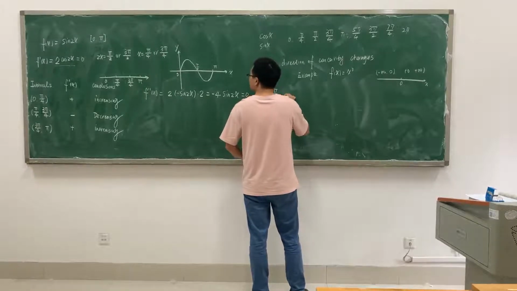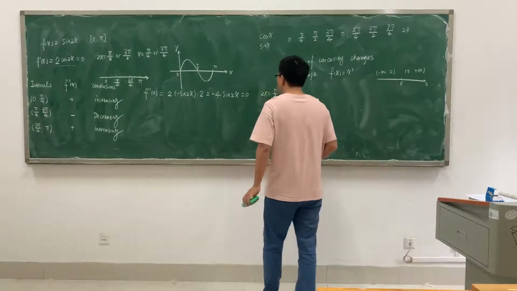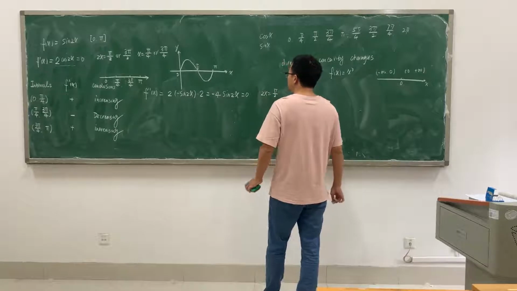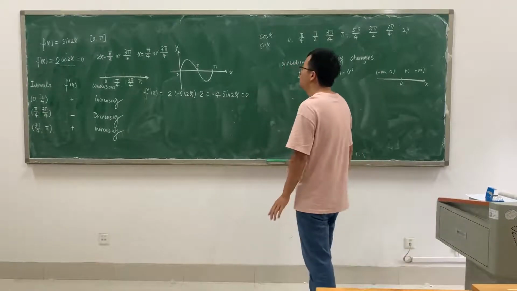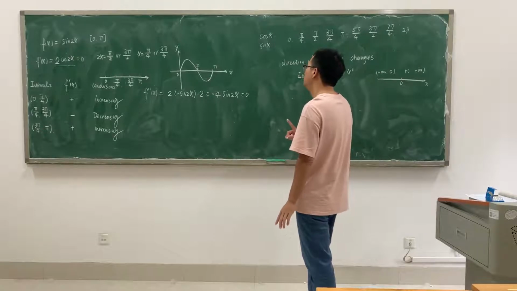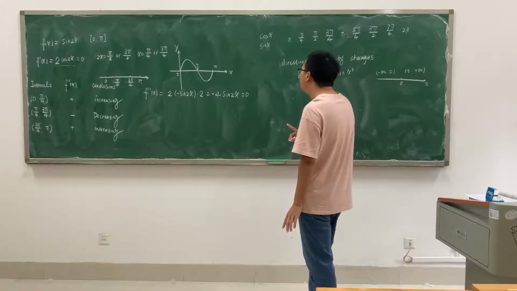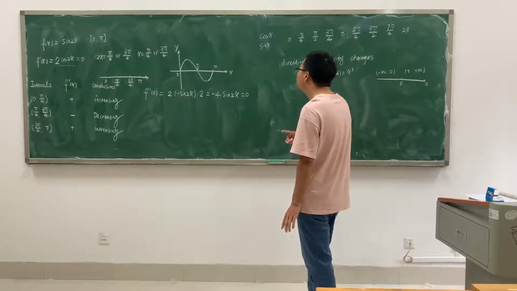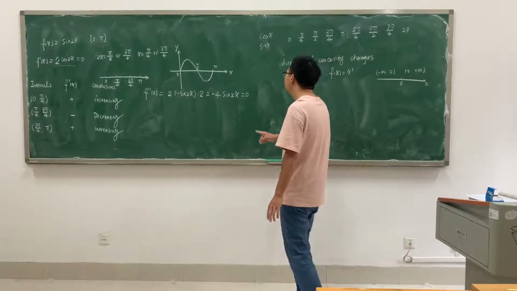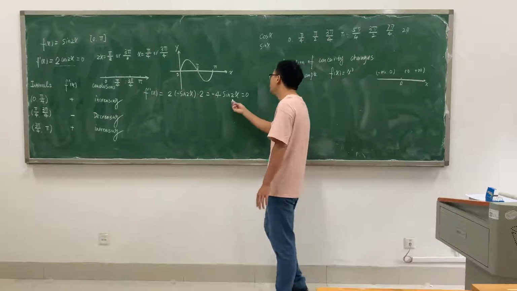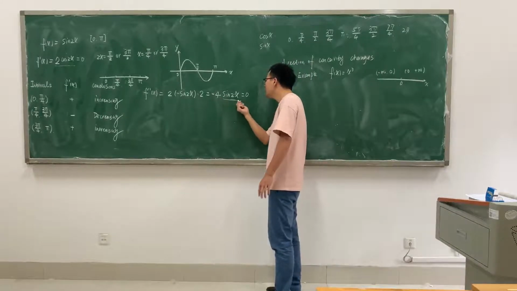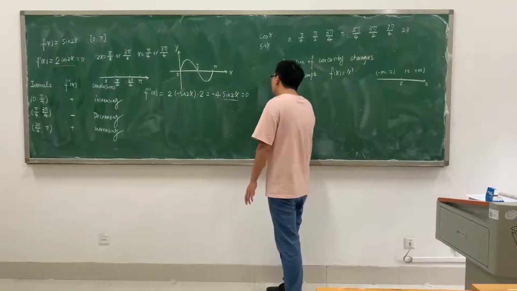1/2 pi. So here means x equals what? Now we can see that we let sine 2x equal to 0.